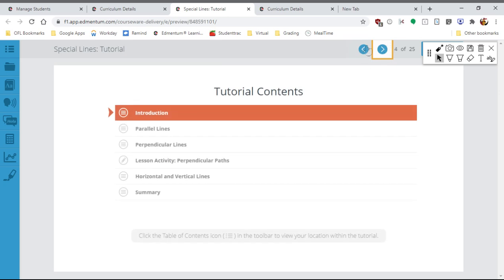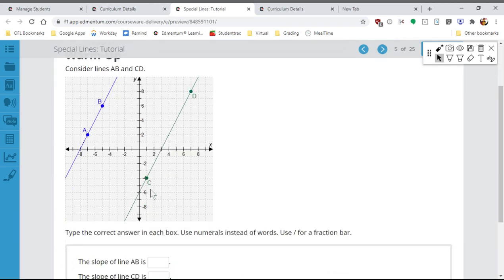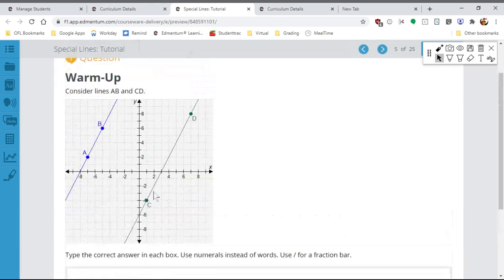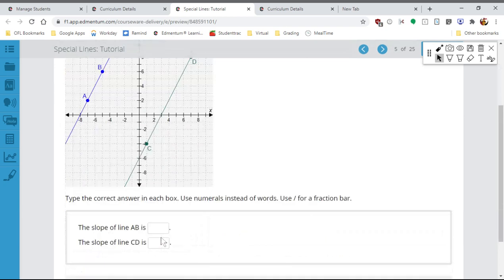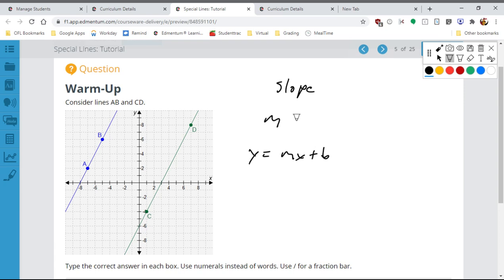All right, so first thing we're going to cover is the introduction and then parallel lines. So, learning about these lines, consider these lines. They want us to consider the slope. So, slope is our m in the formula, y equals mx plus b.